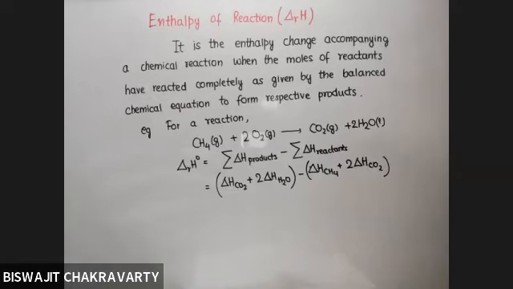So if after 1 or 2 years of running the business, you want to see whether you made a profit or whether you incurred a loss during the process. With respect to the initial investment, if the money is lesser, then it's called a loss. So exactly in a similar way, if there is a decrease in the enthalpy change, it will be exothermic. There is a loss of heat. And if there is an increase in the energy, then it will be delta H positive, and we call it an endothermic process.